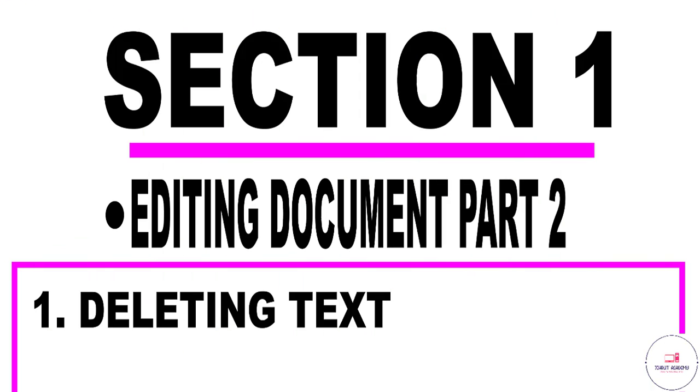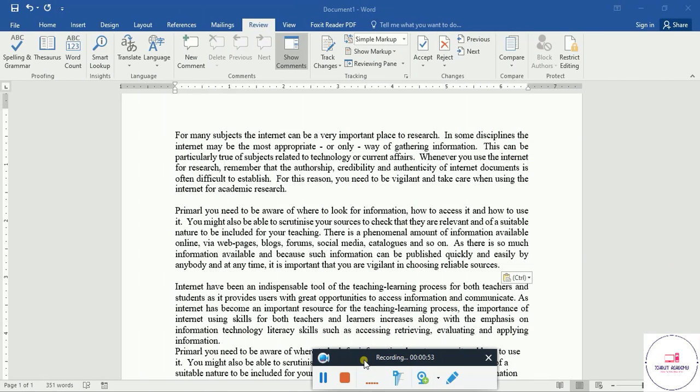Now let's go straight to the first session, deleting the text. We have this in mind that deleting the text in the Word document mainly uses the backspace, but we can also use the delete key. The difference is that the backspace deletes letters or text to the left, while the delete key deletes text to the right.